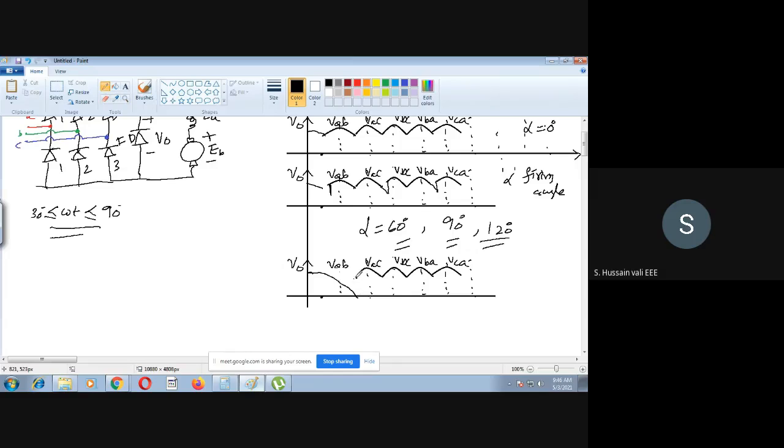Then there is a sudden jump. Similarly, the next one will go, this one.